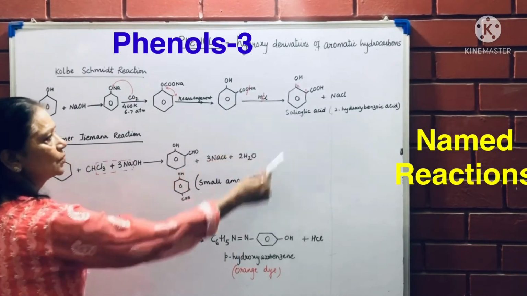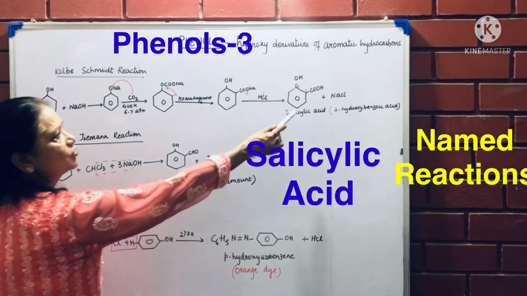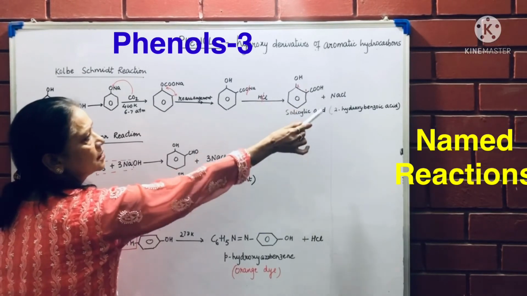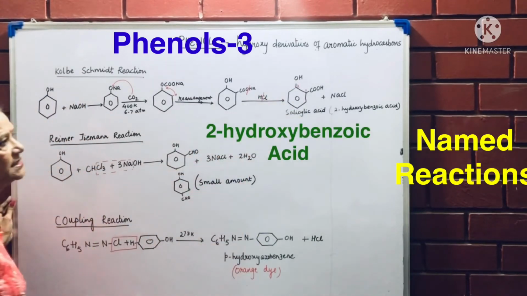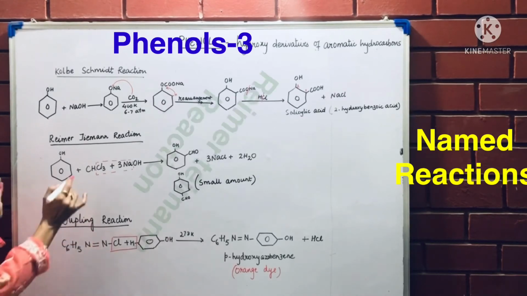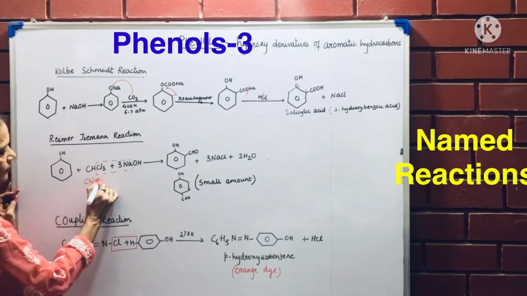Commonly this acid is known as salicylic acid, and if I name it, I'll have to give COOH place 1. So it becomes 2-hydroxybenzoic acid.